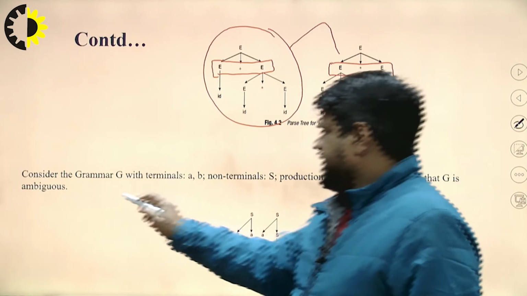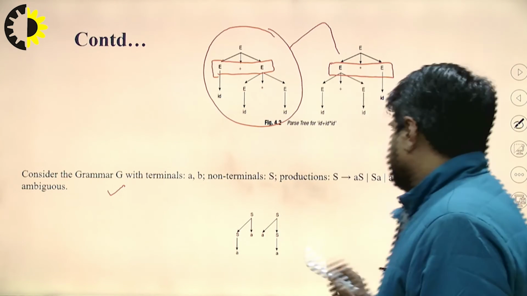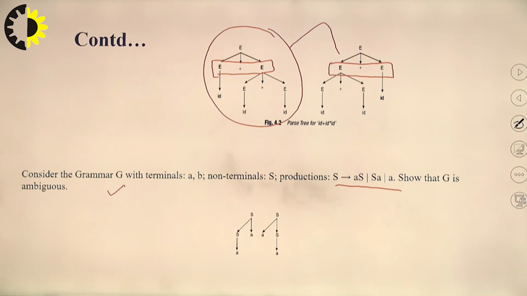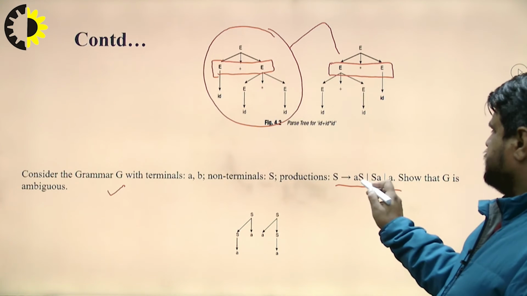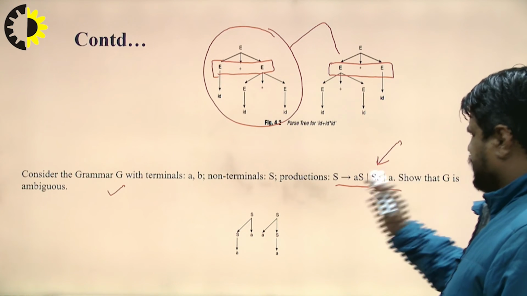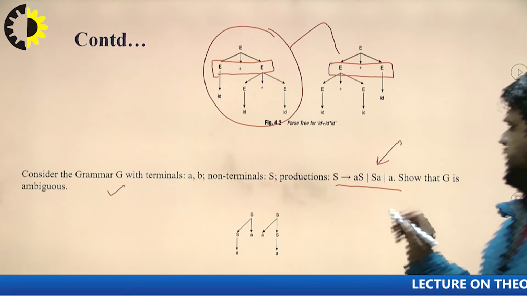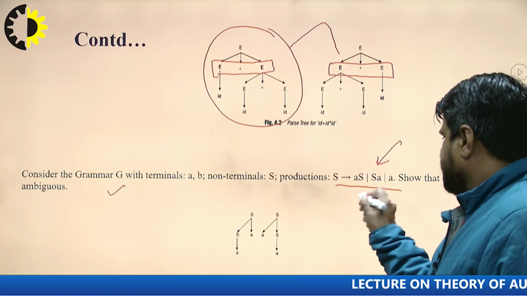Let us take another example here. The production rule is this one: S tends to AS oblique SA oblique A. In order to generate the string AA, this is a quite simple, trivial example to explain the concept. You will start from S, right?